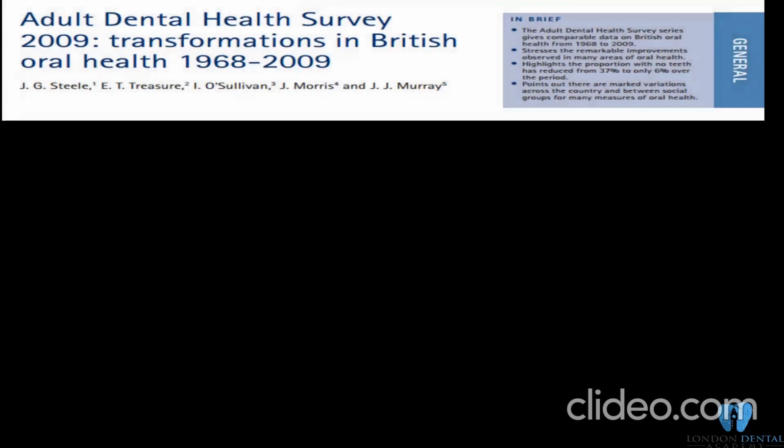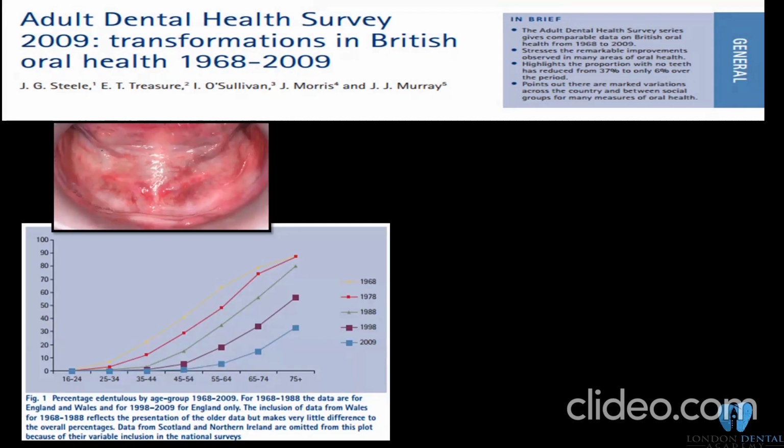Now, moving forward, from the dental point of view, as all of you are aware, the late Professor Steele carried out some adult dental health surveys. What we can see from the first graph here presents the percentage of edentulous people within the population. As you can see, we have five line graphs between 1968 and 2009.